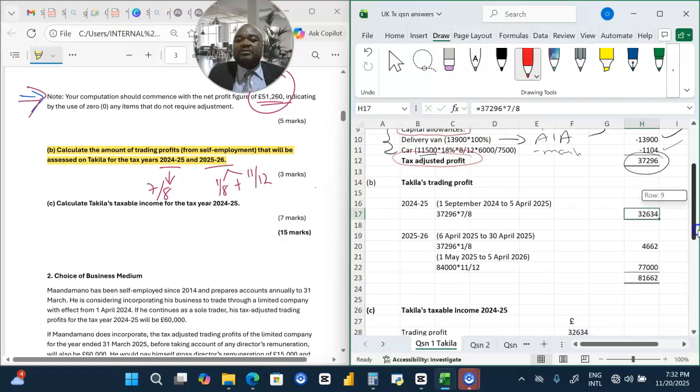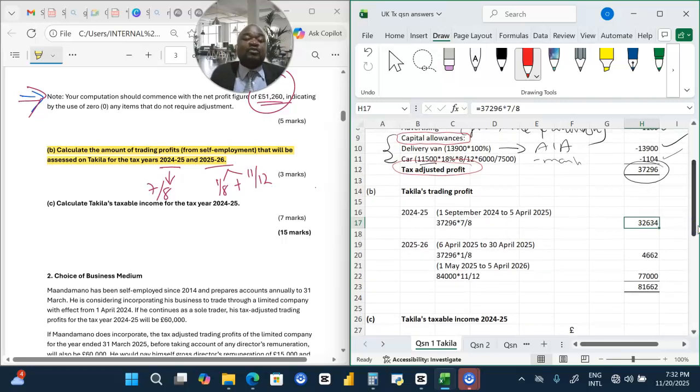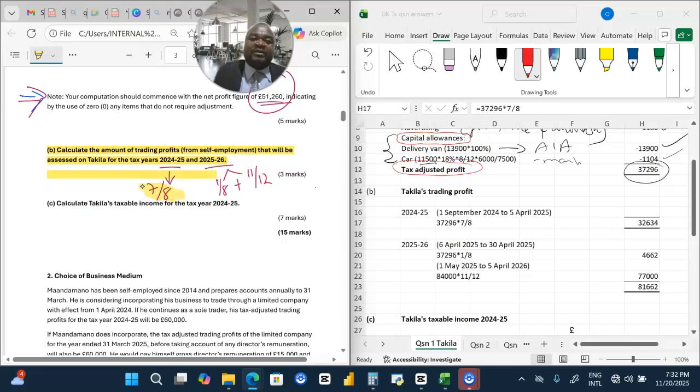Then we move on. For the 2025-2026 year, remember we did the computation here. Since this one was used up for the 2024-2025 year, then this part should be applicable for the 2025-2026 year. All right?